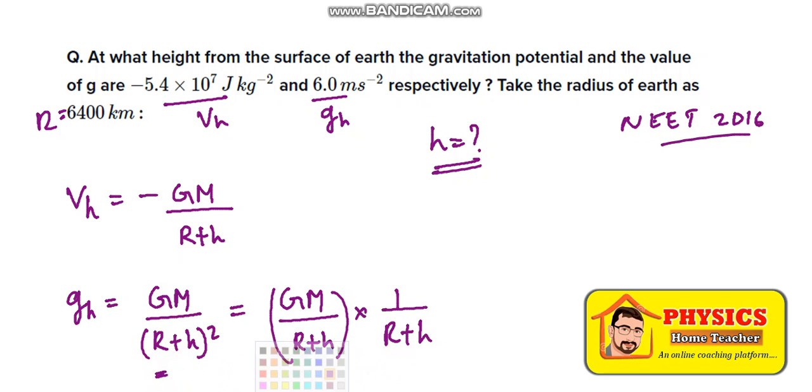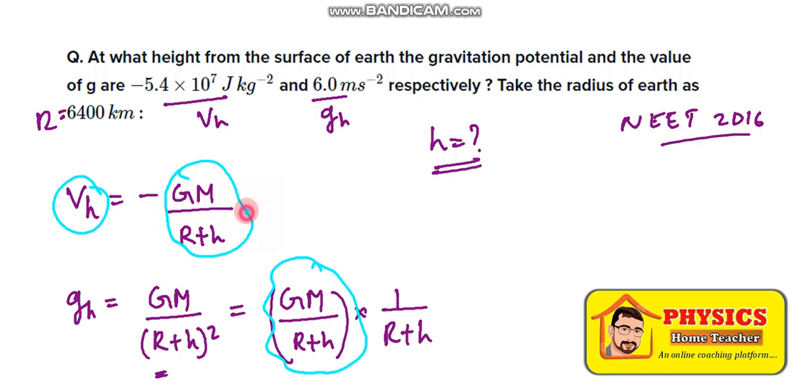Now if you look at this, GM divided by r plus h is nothing but Vh, right? One minus sign extra you have to write, but this value is nothing but Vh.